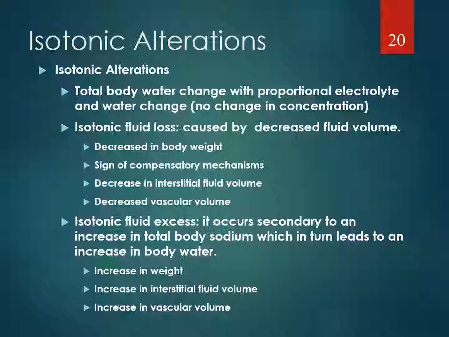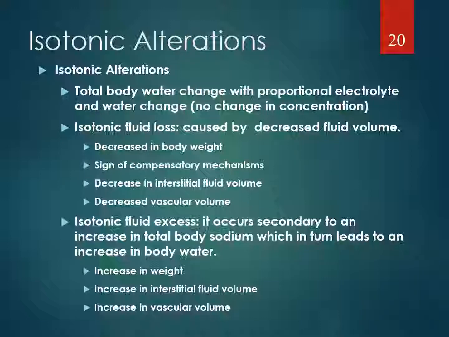Urine could be high specific gravity, low volume. Isotonic fluid excess occurs secondary to an increase in total body sodium, which in turn leads to an increase in body water. We can have an increase in weight, increase in interstitial fluid volume, localized swelling in the hands, feet, periorbital areas, ascites.